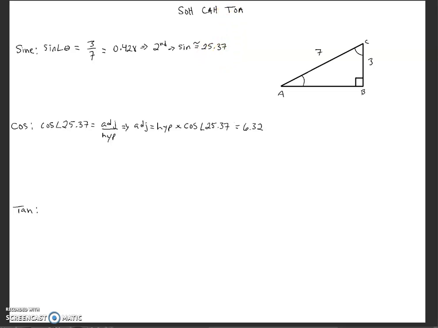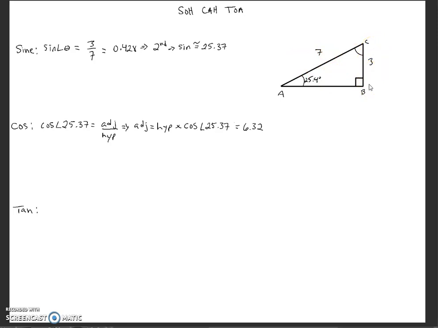So now we have 25.37 degrees. We'll call that 25.4 degrees for the sake of the rest of the calculation. So now we have one of the angles accounted for, and we have one segment, and we have the hypotenuse.